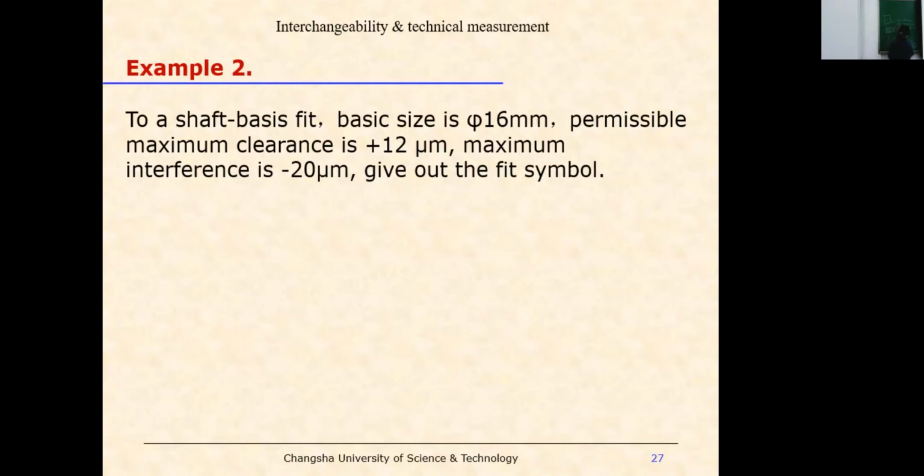This is IT6. So for the hole it is IT7. IT7 is from the table 2.4, it's 18, right? So it's minus 18. This one. And you get this one.